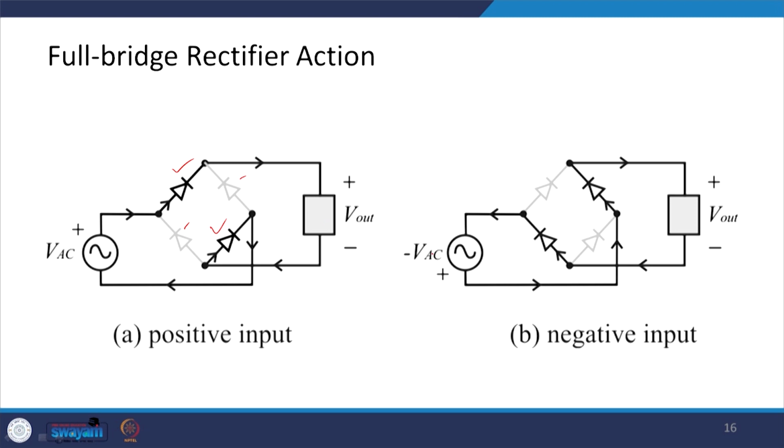Similarly, if the voltage here is negative, then these two diodes are forward biased, so current flows through them and we get the output voltage here across the load.